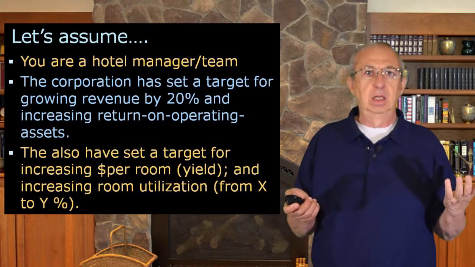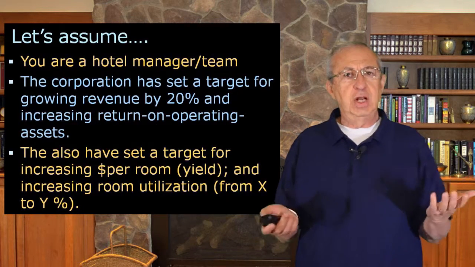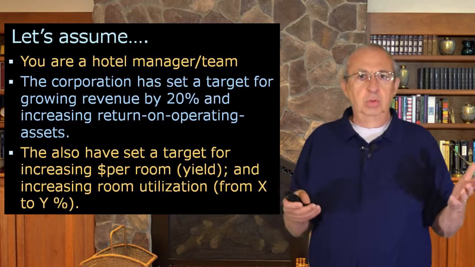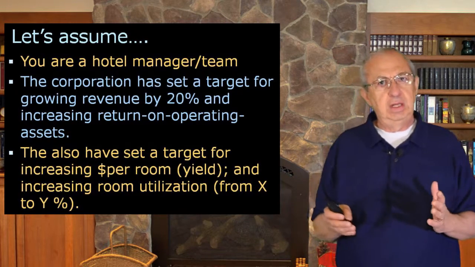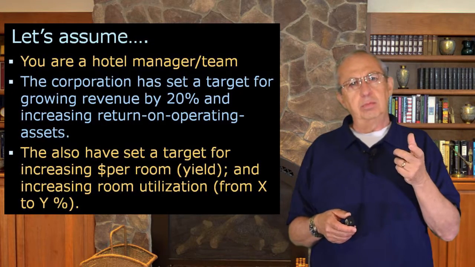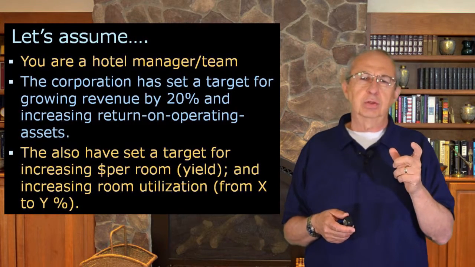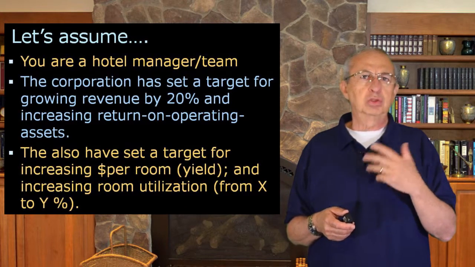And in a hotel, it would be the percent of rooms filled each night. Or you could do it by week or month or year, but the percent of rooms filled for any given time period. And you can see that those two numbers, the yield and the utilization rate, pretty well define economic performance in most organizations.